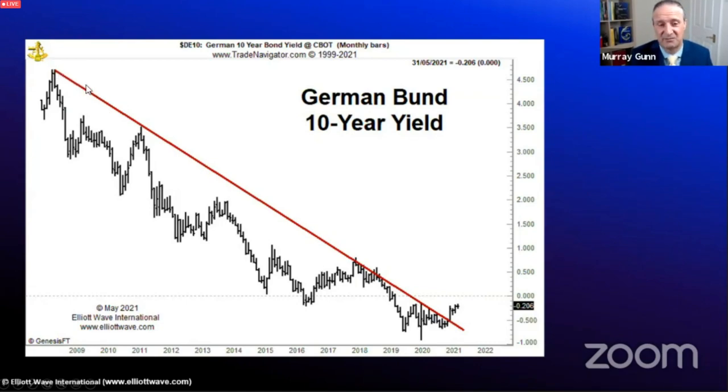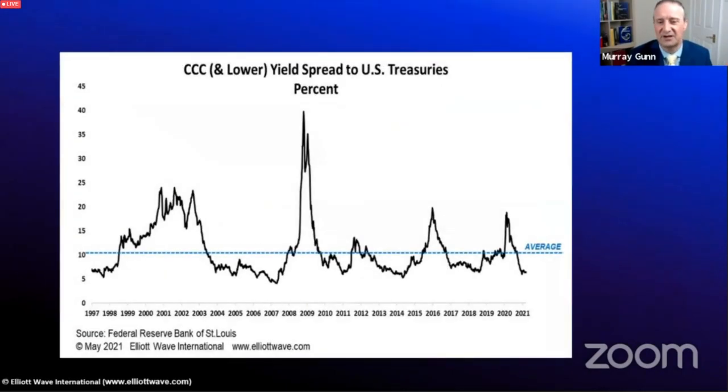But from a very simple trend line perspective, look at this long term 2009 downtrend line, and it's a multi-touch downtrend line. Once that's broken, it's very, very significant. And so, this is another clue that yields are headed higher, and that the bond markets are now in a new bear market.